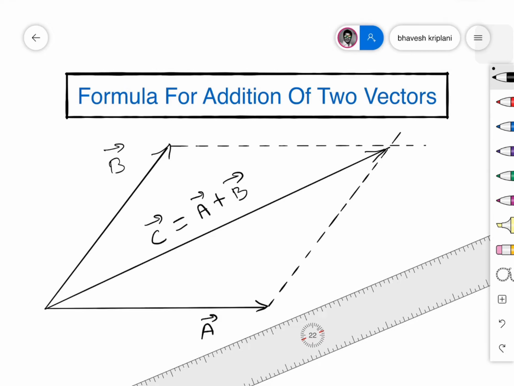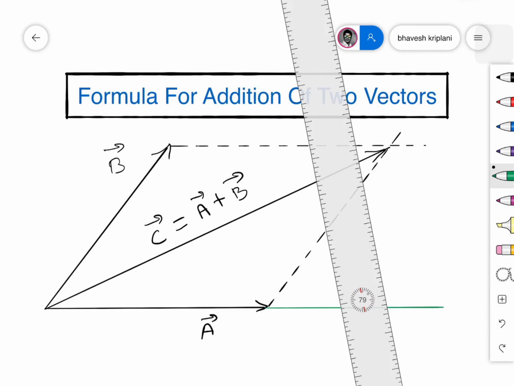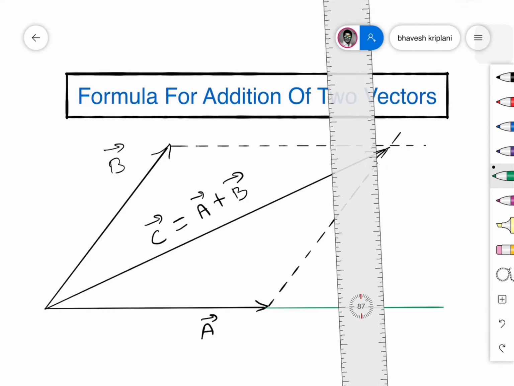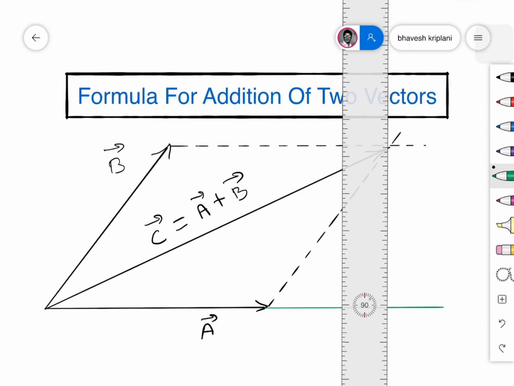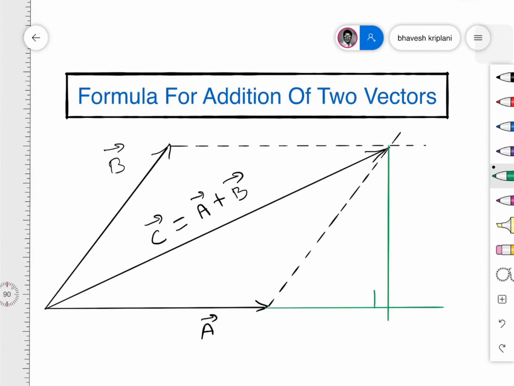Now let's elongate the line along vector A, and perpendicular to this line we draw one more line over here. So this angle would be 90 degrees. This angle is the angle between vectors A and B, which is theta. Then this angle over here will also be theta.